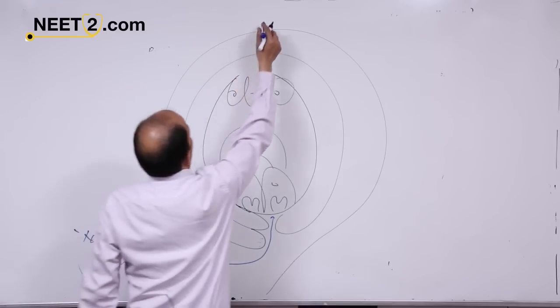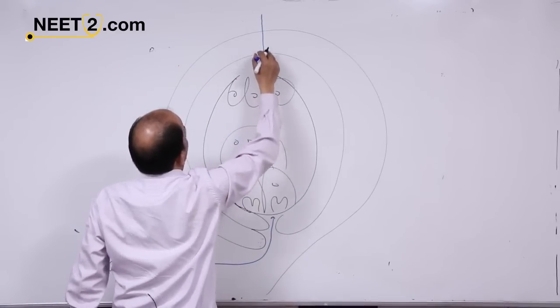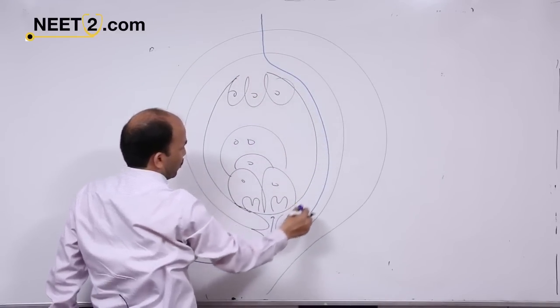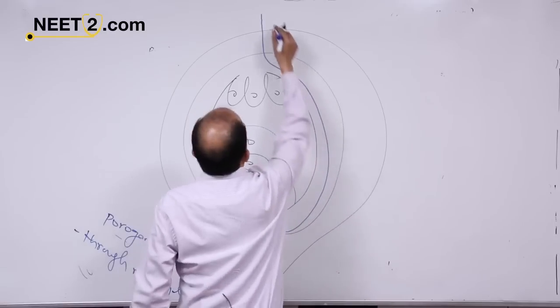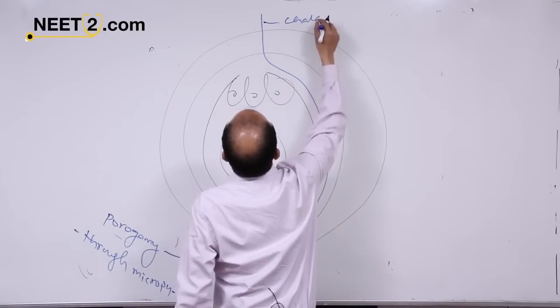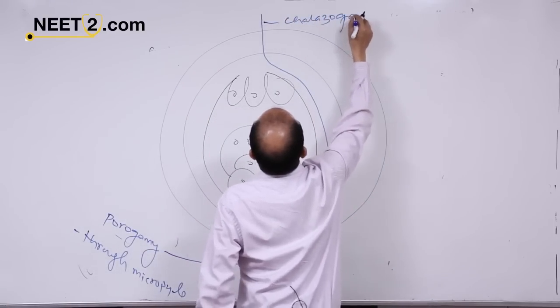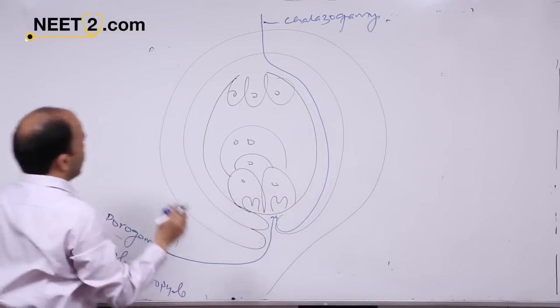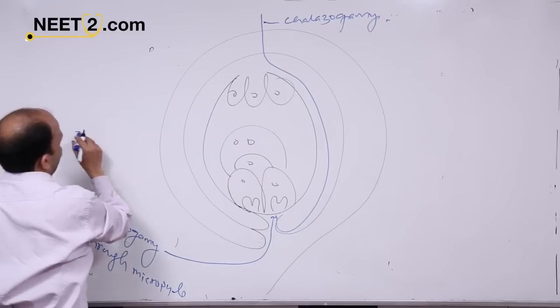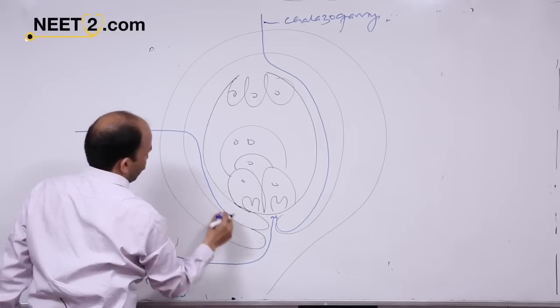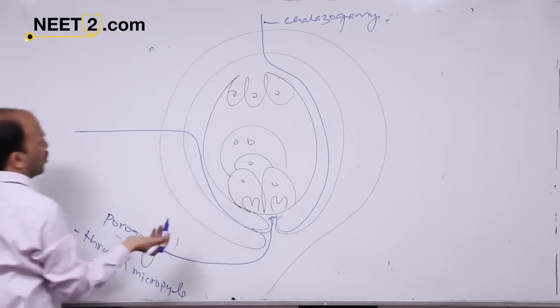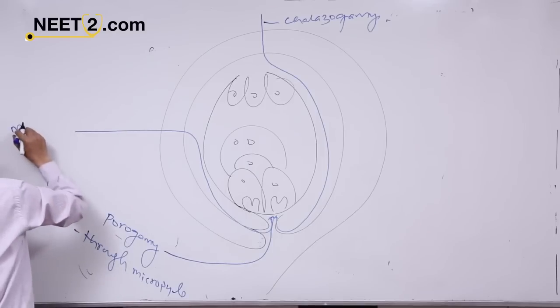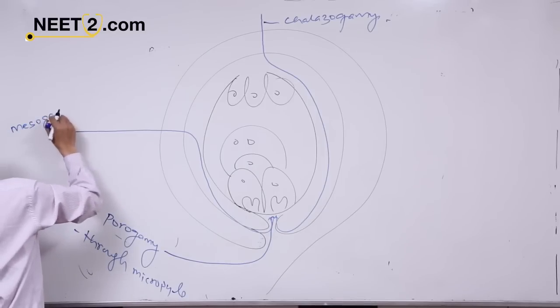Sometimes the pollen tube also enters the ovule through the chalaza. If the pollen tube enters at the chalazal end, then it is called chalazogamy. And if entry occurs through the nucellus or funiculus, integument or funiculus, then the process will be called mesogamy.